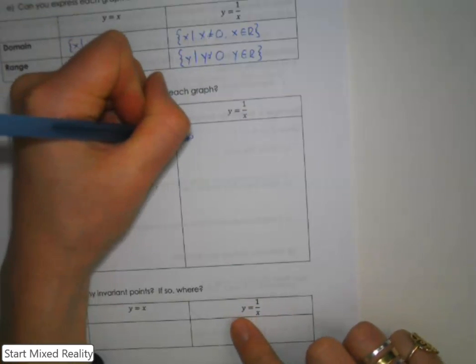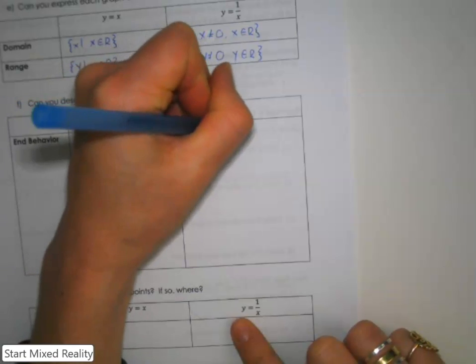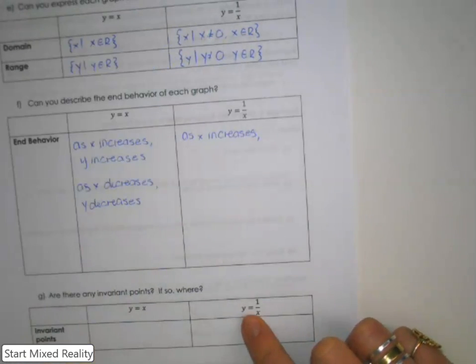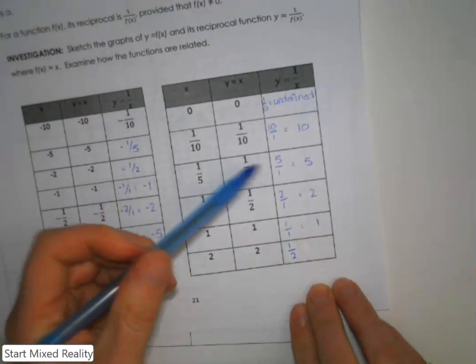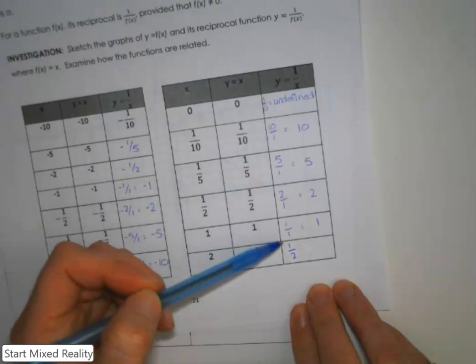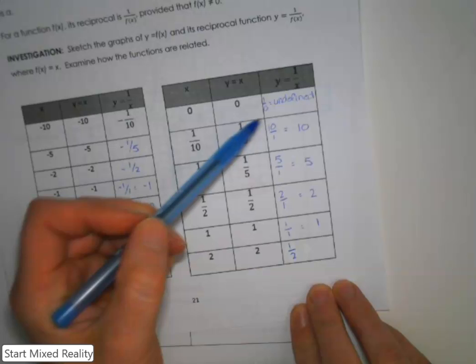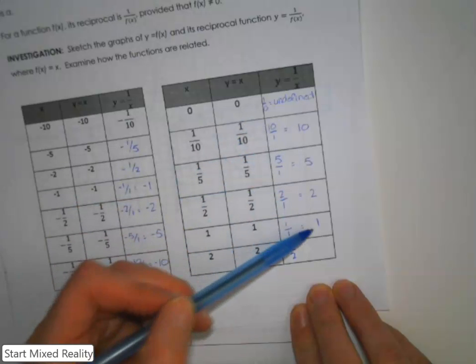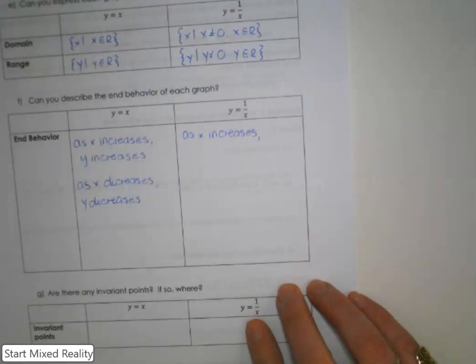So as x increases, our values for x are getting higher, what is happening to our values for y? They are approaching 0. We're going from high y values and then down to a half, a fifth, a tenth, and so they'll approach 0.